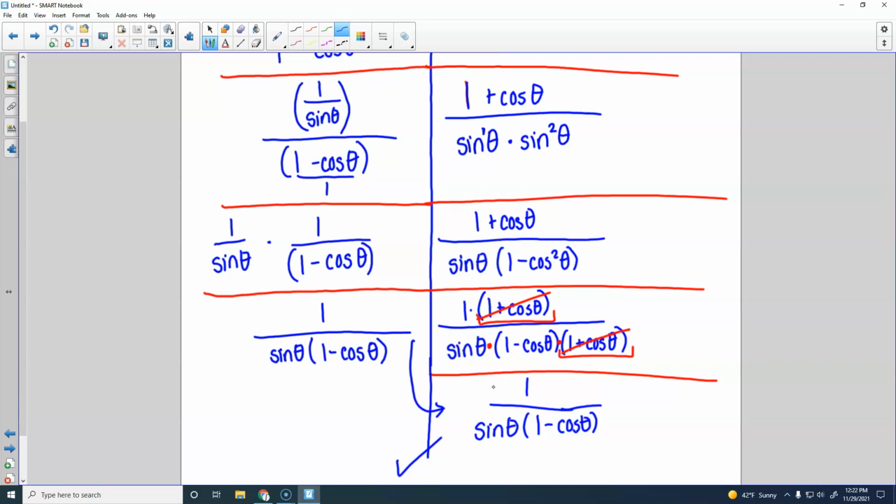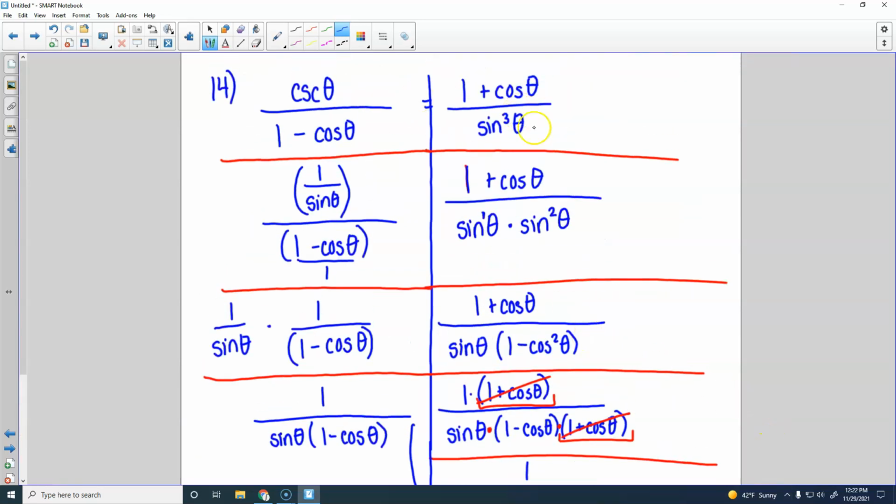So these should be some strategies that you're storing away in your brain, because these are tough. There's no manual where I can tell you every time you see a sine cubed you need to break it into a sine and a sine squared. But you should be thinking, if I have a sine cubed, maybe I should break it into a sine and a sine squared, right?